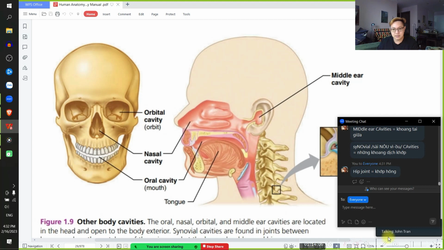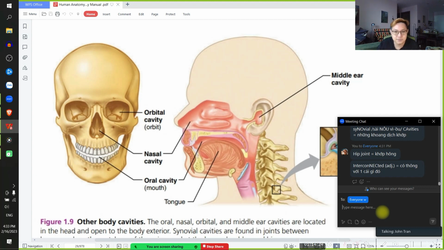The nasal cavity is actually interconnected with the middle ear cavity. So that's why when we sneeze, your ear can go beep, you hear a ringing like that.